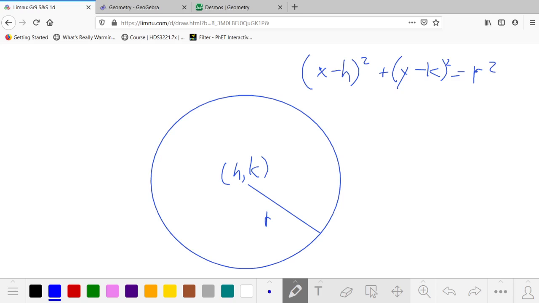So this is our equation of the circle. And let's say that this point of intersection here is (a, b).